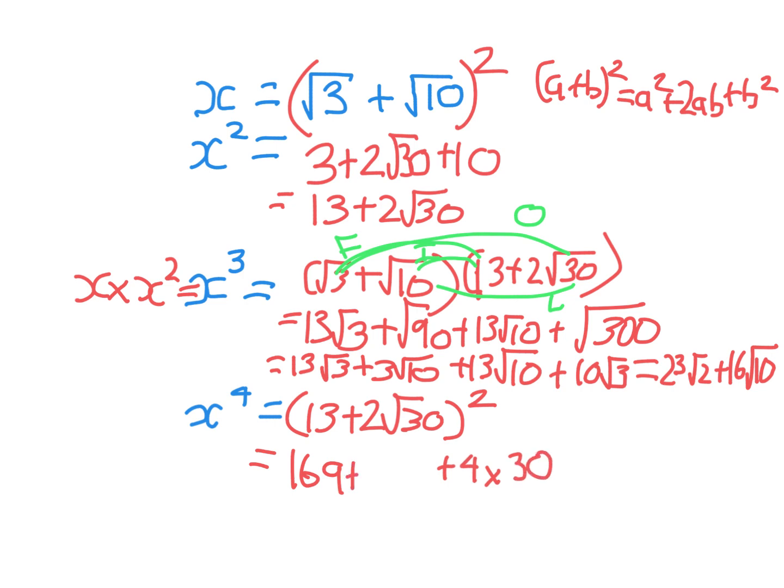Now in the middle, I have to go 2 times this times this. So 2 times 13 is 26, times 2 is 52. So it'll be 52 root 30. Of course, 169 plus 120 is 289. So x to the power of 4 is 289 plus 52 root 30, and we're done.